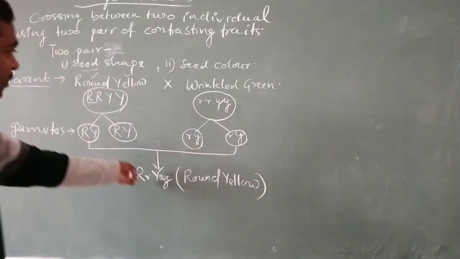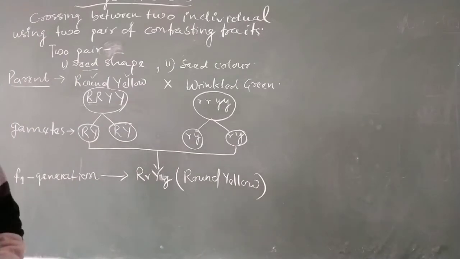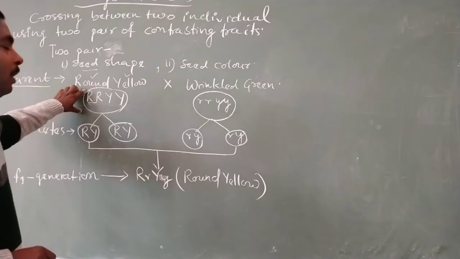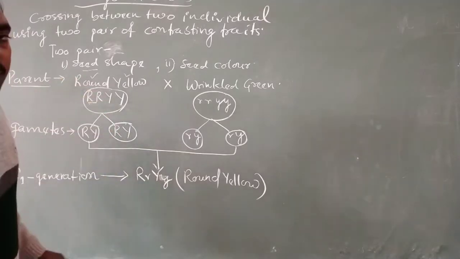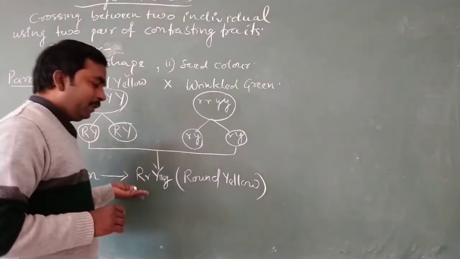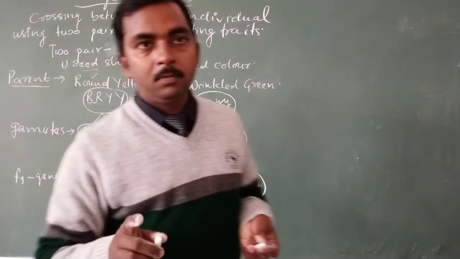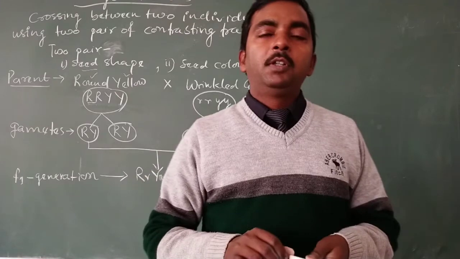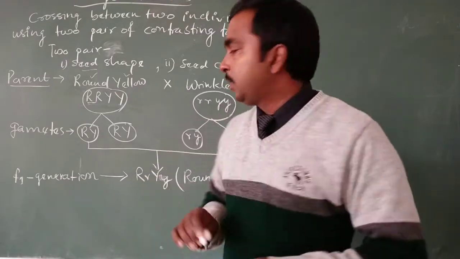It means the offspring in the F1 generation appear as one of the parents, the dominant parent. So this dihybrid cross also shows the law of dominance.